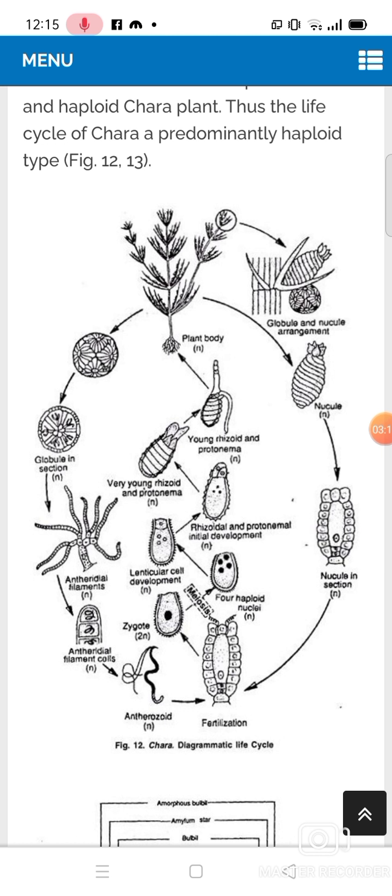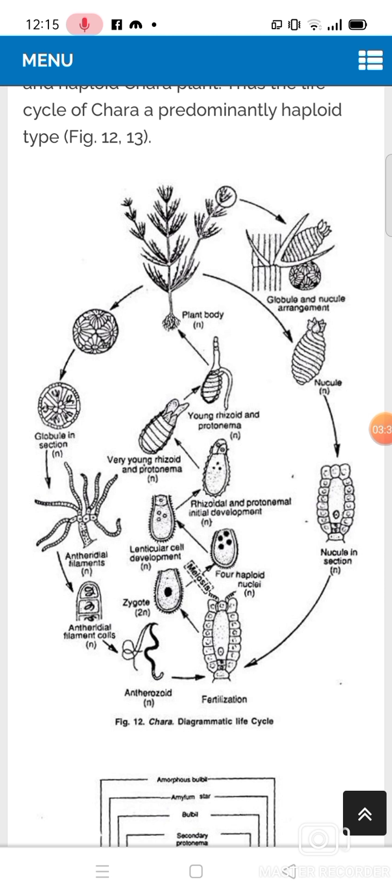Lenticular development is one in which the apical cells, the uppermost cells, develop. After lenticular cell development, rhizoidal and protonemal initial development takes place, and then a young rhizoid and protonema are formed. Protonema is a thread-like structure which is the early stage of development of the gametophyte.